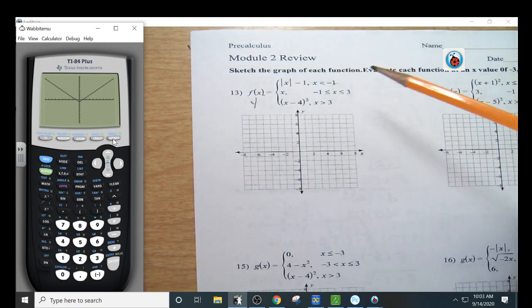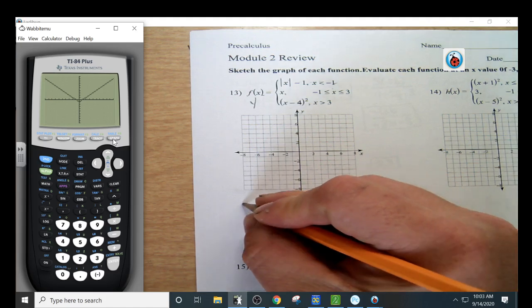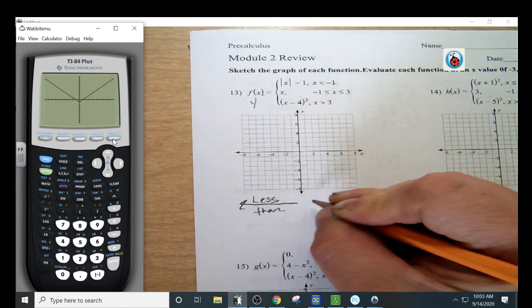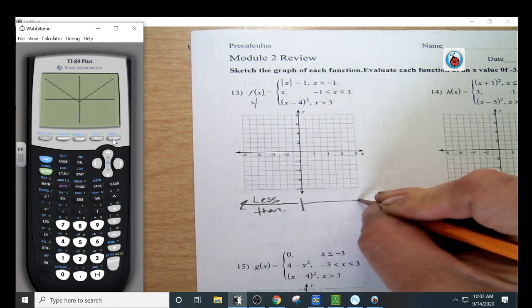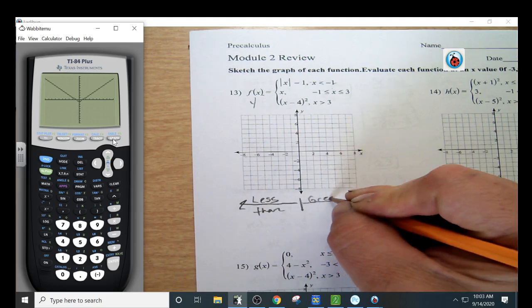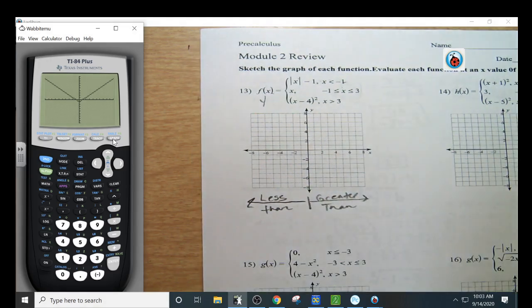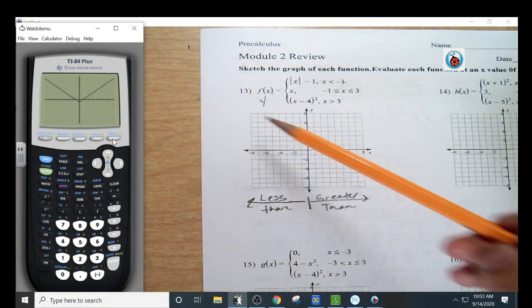So guys, remember, less than is this way, greater than is to the right. All you care about is graphing left of -1.